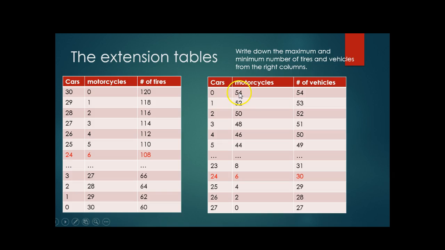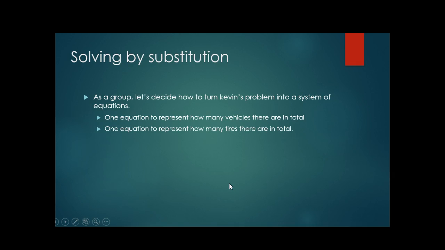That's 108 tires. 52 motorcycles and 1 car. That's 108 tires. That means I have 53 vehicles. And I'd be working down the table until I got the same as my stipulation, which is 30 vehicles in total. And I come to find out that that means that I have to have 24 cars and 6 motorcycles for that to work. So you can come up with a table, but there are better ways to do it.